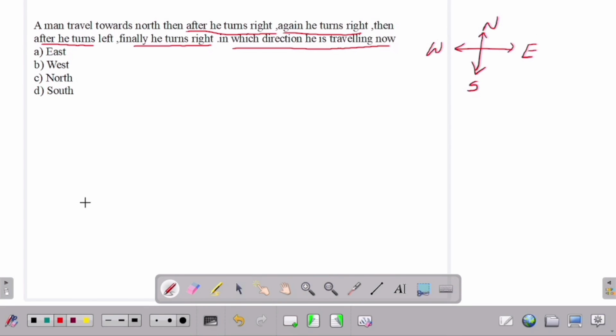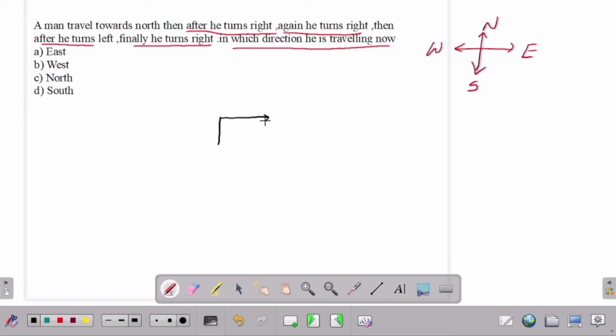Okay. Next, moving to the solution. A man traveled towards the north. So towards the north means he is moving towards the north. Then after he turns right. So this is my right. Then again he turns right, one more right.